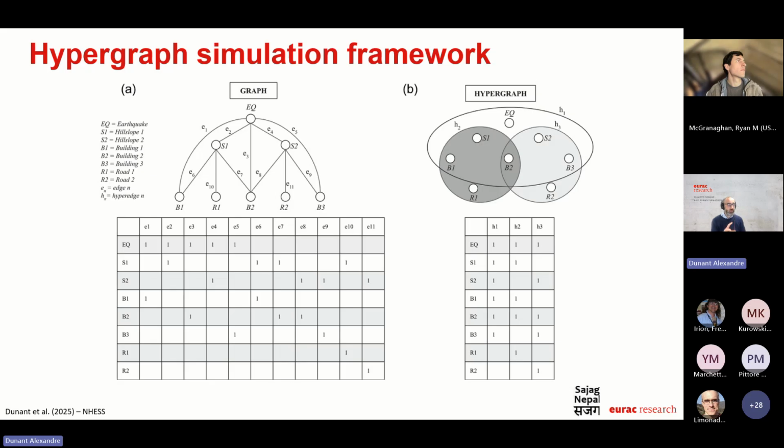What you see at the bottom of the table is an incidence matrix that is a representation of the graph above. And you can see that if you use the hypergraph, suddenly the graph shrinks, which means that the computation gets that much faster as well.